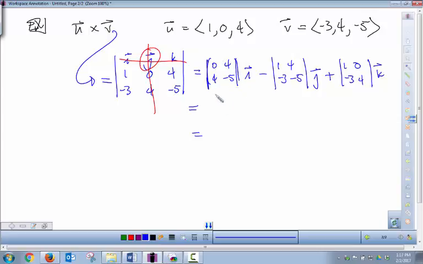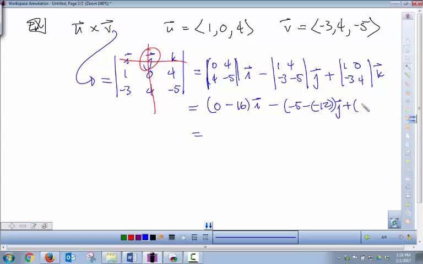Now, for each of these, I would do the multiplication of the diagonals minus the product of the wings. So that's 0 minus 4 times 4 is 16 in the I direction. And then don't forget the negative sign. I have a -5 minus -3 times 4 is -12 in the J direction.